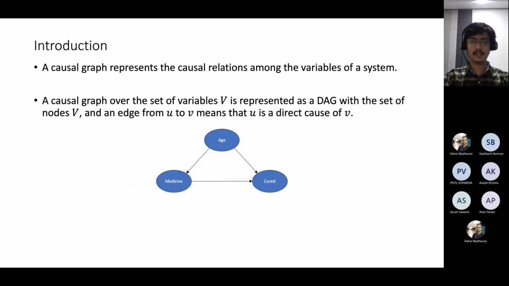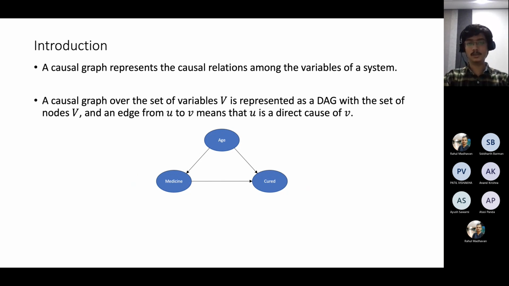So let's take an example. Here we have three variables: age, medicine, and whether some particular disease is cured or not. So we can see that age affects what medicine someone takes as well as whether someone is cured or not. And medicine also determines whether someone is cured.